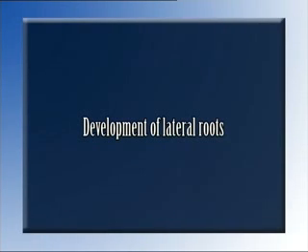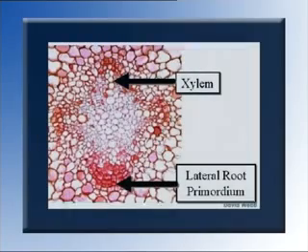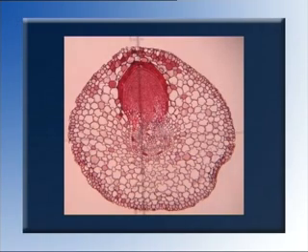Development of lateral roots. In contrast to the lateral appendages of the stem, which originate exogenously from the shoot apical meristem, lateral roots are initiated endogenously behind the apical meristem, typically in the region of maturation. The lateral roots of both gymnosperms and angiosperms are usually initiated in the pericycle opposite to the xylem ray and subsequently grow through the cortex.